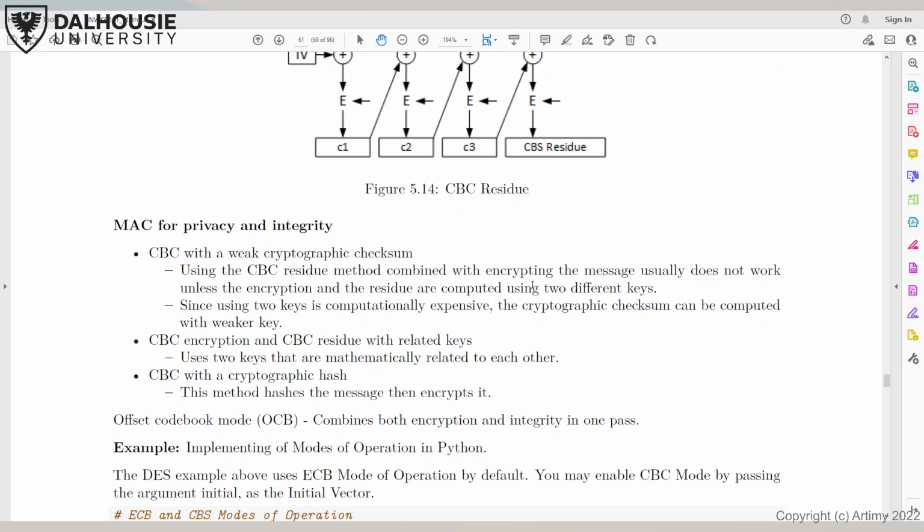We cannot use one key, right, for both encryption and residue. Why? Because if somebody figures out one, well, they will figure out the other, right? So we have to use two, but we can use the second one slightly less good, if I can put it this way.